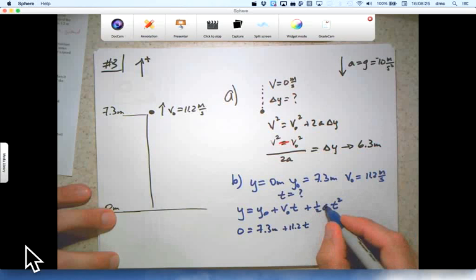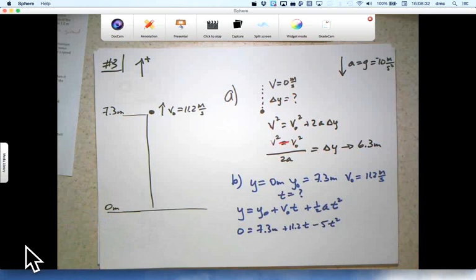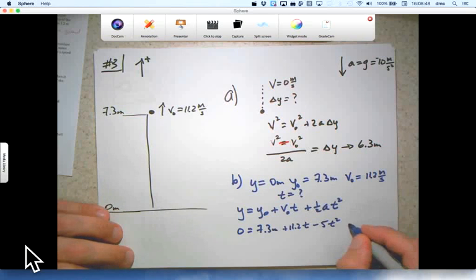And 1/2 a is 1/2 of negative 10, so that's minus 5t squared. So we have a quadratic equation. To solve this, we could use the quadratic formula, or we could graph it on our graphing calculator and find out where the positive t answer is. Either case, we end up with an answer of 2.8 seconds.